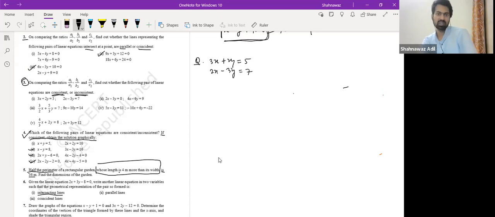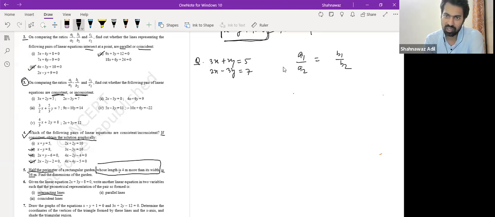So can you tell me whether a solution exists or not for this pair of linear equations? Since a1 is, yes, you are going in the right direction. Yes, absolutely. a1 by a2 is equal to b1 by b2?